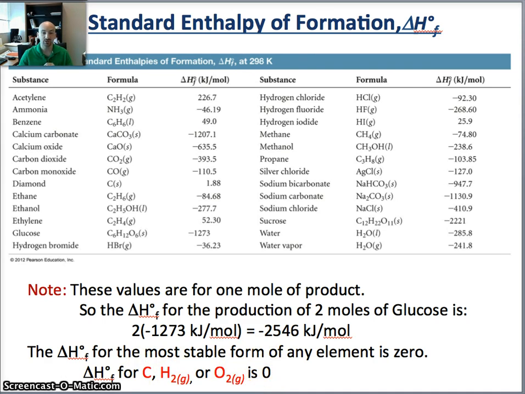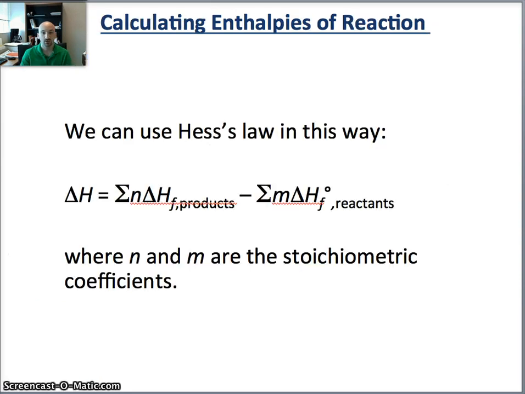Lastly, we can use these values in order to calculate the overall delta H of the reaction by using Hess's law. And we can use it in this way. Basically, the enthalpy of the reaction is equal to the sum of the enthalpies of formation of the products.